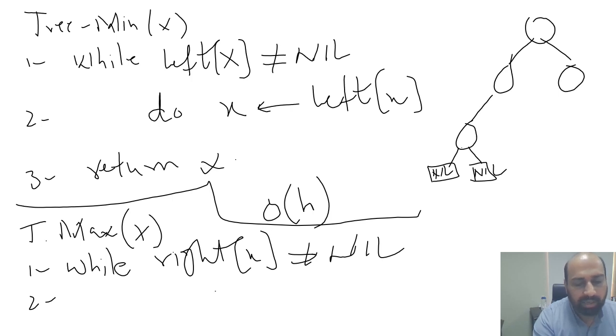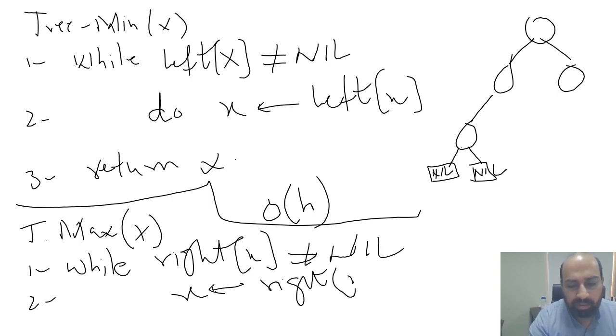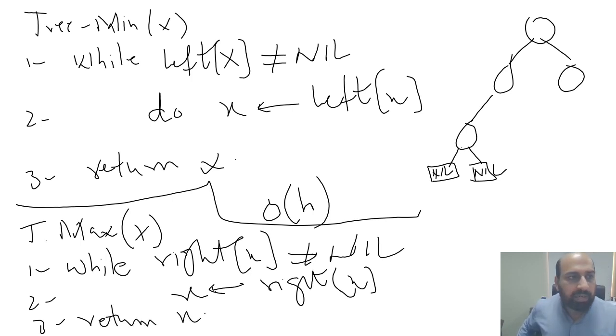Assign x with the right of x, right? And finally just return it once you get it. Return x. That's it. So this is very easy, right?